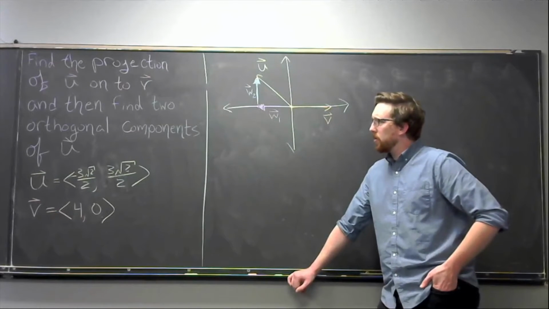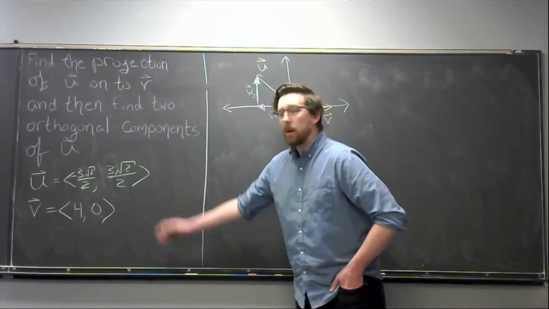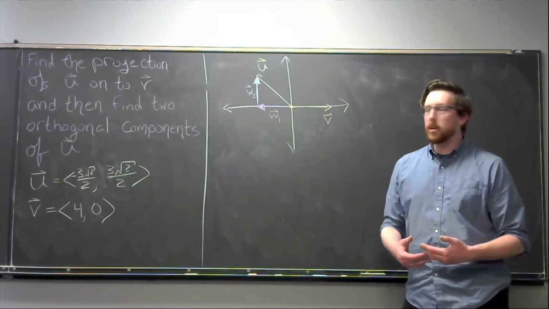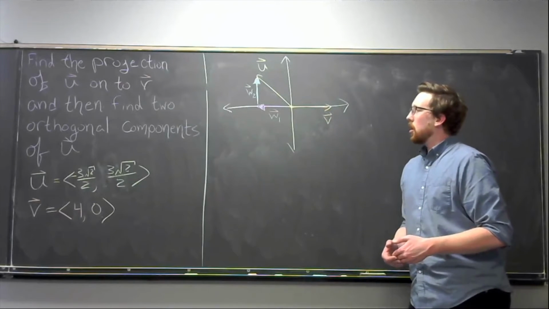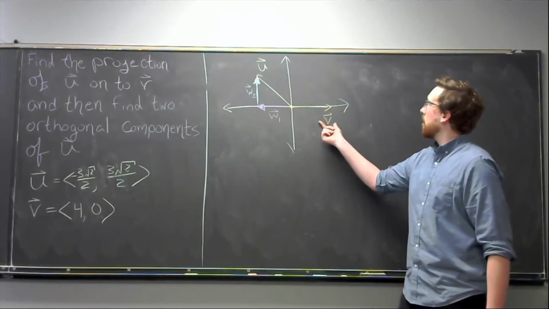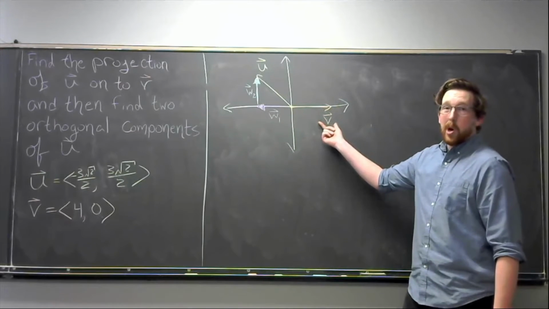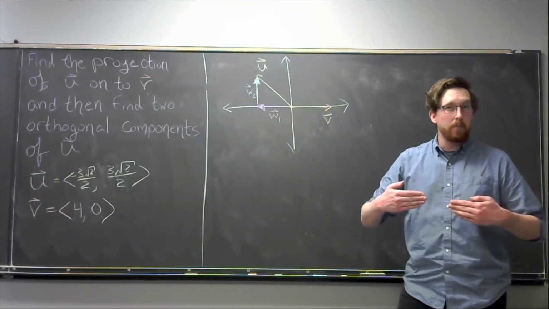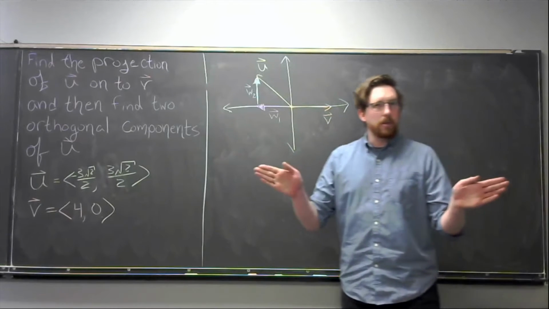And I wanted to do this particular example because it illustrates a problem with language that sometimes comes up. We may sometimes say that W1 and V are in the same direction, when really what we mean is they lie along the same line, they're parallel, but they point different directions.